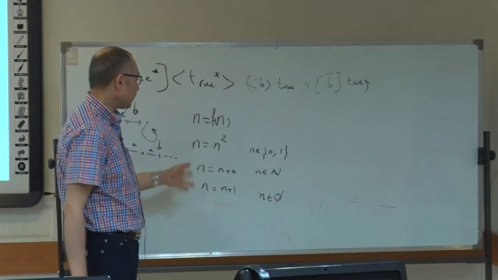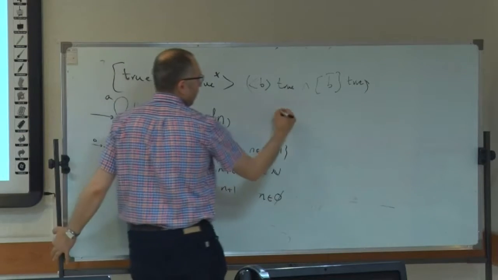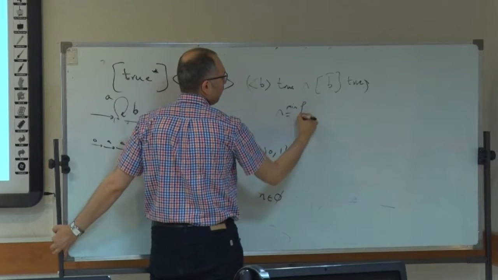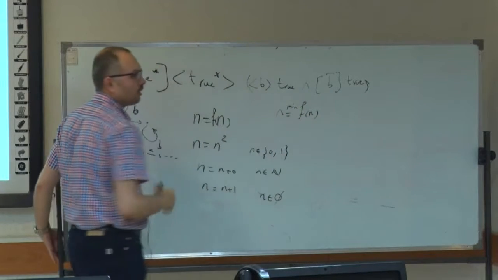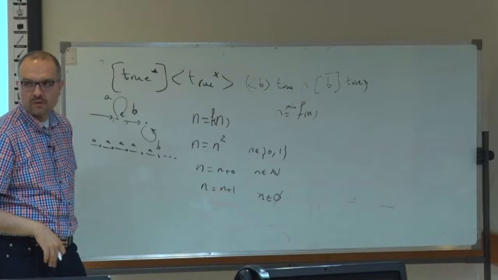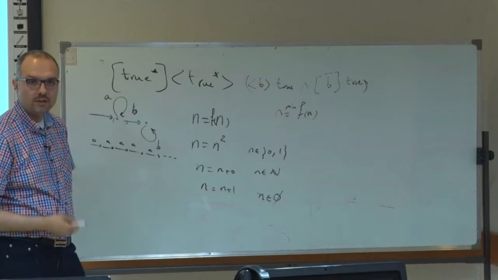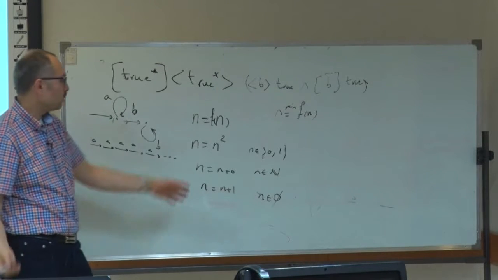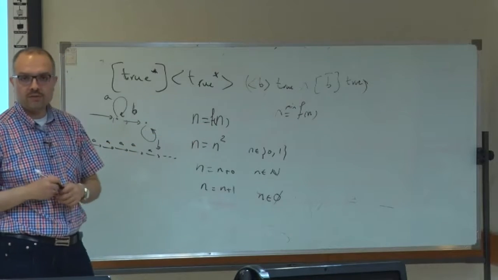And you could, for example, say n is the minimal solution to f of n, and thereby I look at the smallest number that satisfies this equation, or the maximal number that satisfies this. And we use the exact same technique to look at solutions to recursive specifications in logic.